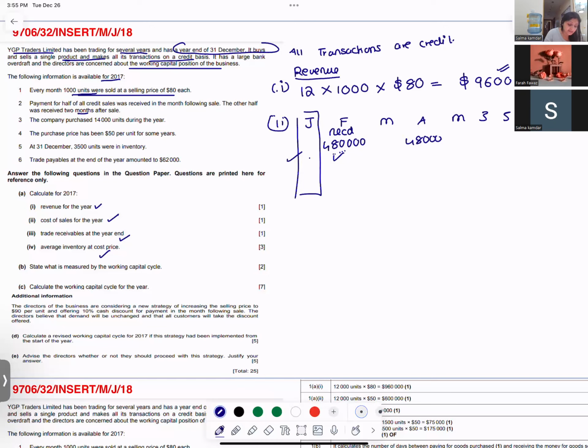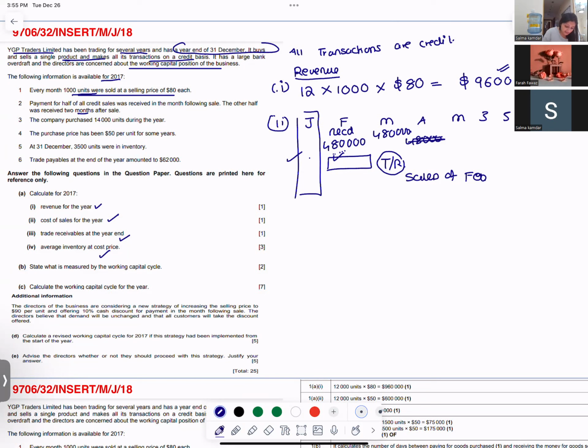Now understand to me. In the month of February, how much would be my trade receivables? My trade receivables would be the sales of February. 2 months after, that means I'll receive in March.